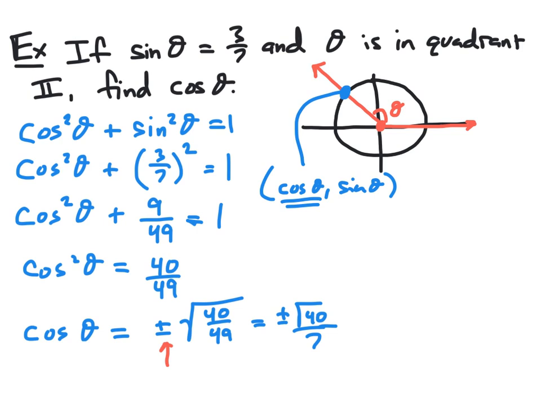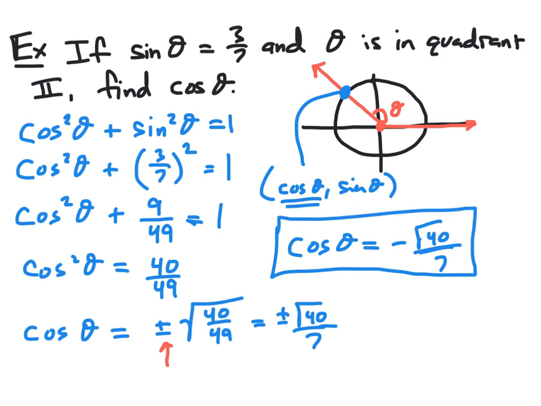And therefore, we have to choose the negative square root for our cosine value, so that the x coordinate of our point will be equal to this cosine. So, after all this, we can conclude that the cosine of this angle theta is going to be negative square root 40 divided by 7.